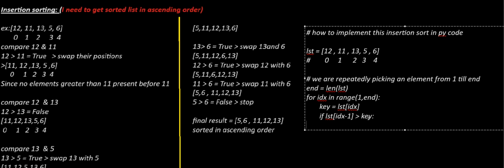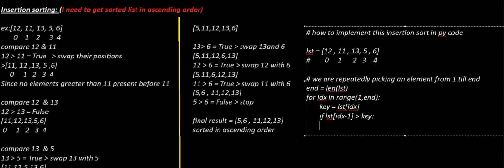If list of index minus 1 is greater than my current key, then I just need to swap. I need to swap this 12 to the 11 position, and 11 to the 12 position.